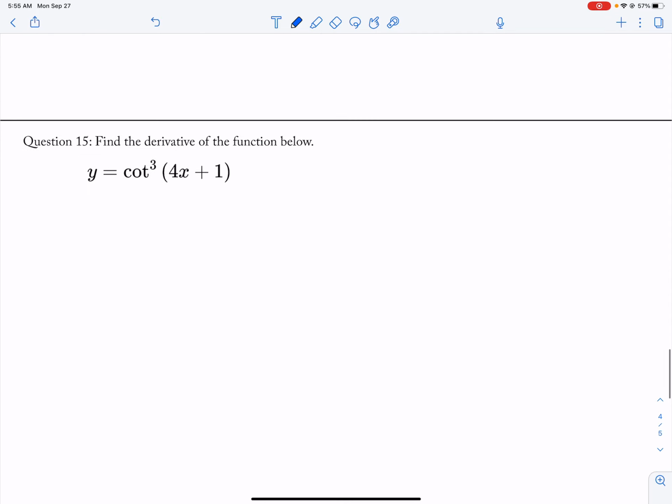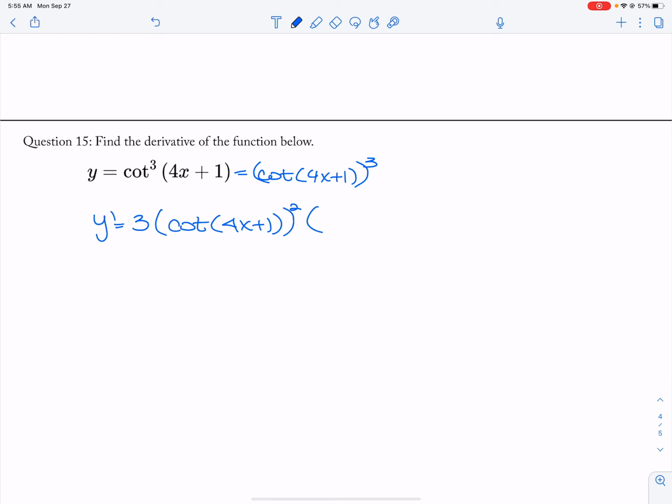15 is the last one. This is another multiple chain rule one. This is cotangent of 4x plus 1 to the 3rd power. So for y prime, the outside is the 3rd power: 3 cotangent of 4x plus 1 squared, times the derivative of cotangent, which is negative cosecant squared of 4x plus 1.